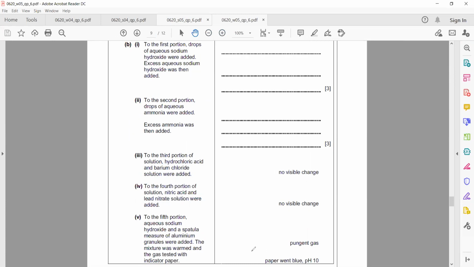First it will give white ppt, and then in excess, what happened to the precipitate? The precipitate dissolved to form a colorless solution.